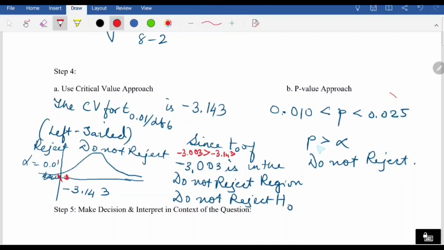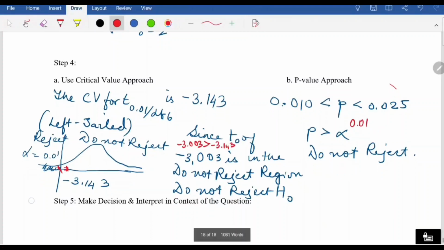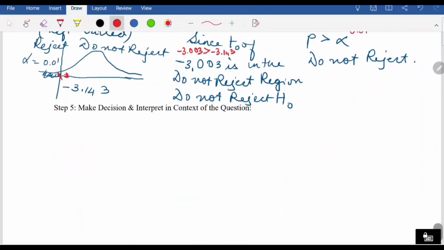When we compare the p-value with alpha, which is 0.01, it's definitely going to be greater than 0.01. Therefore, the decision is going to be do not reject. All right. And then finally, we make the decision. It's do not reject the null hypothesis.